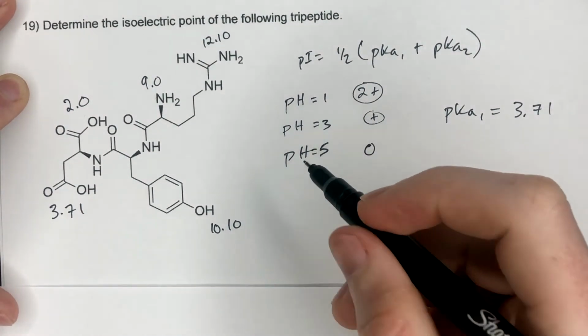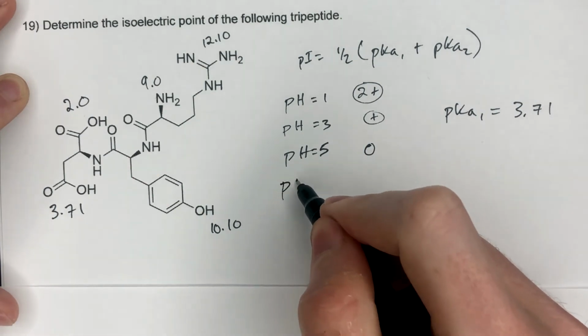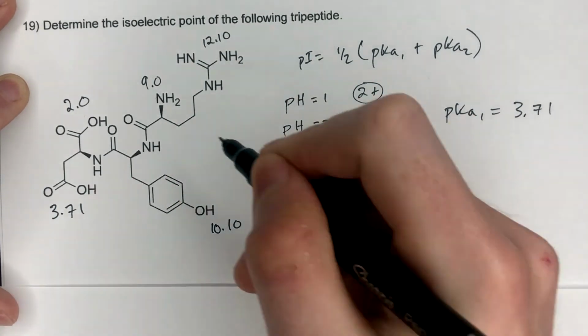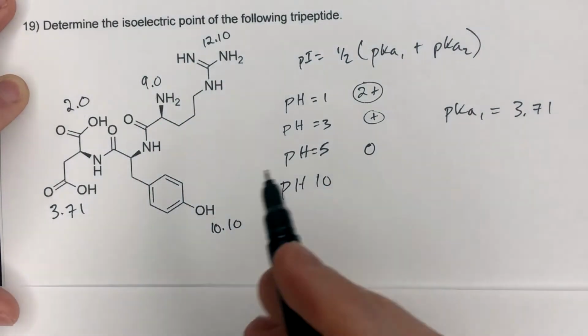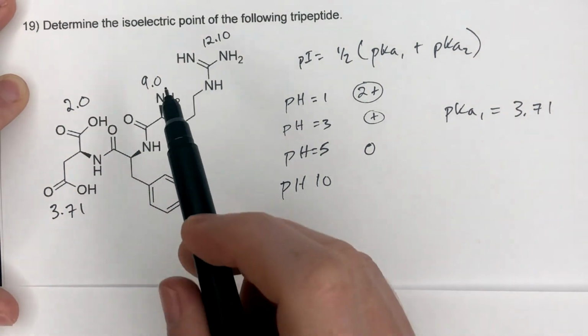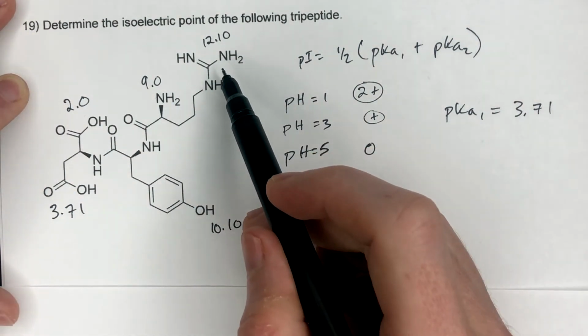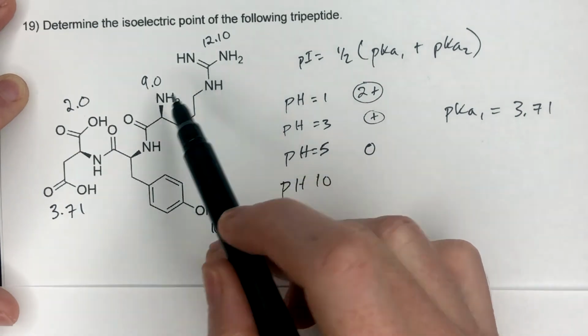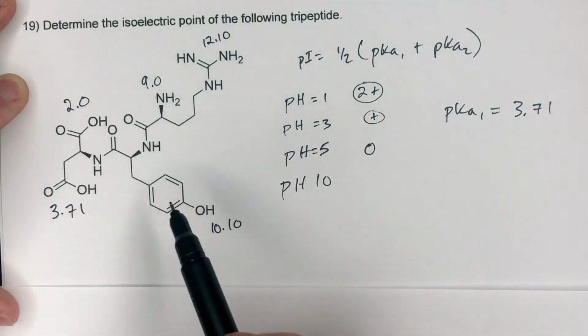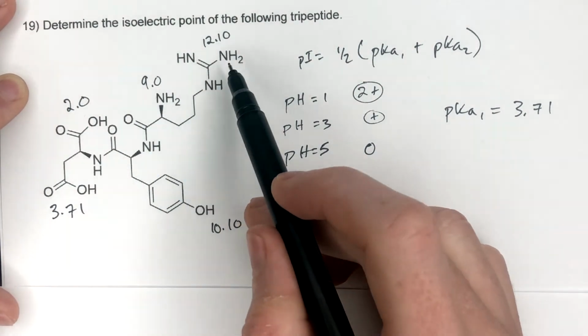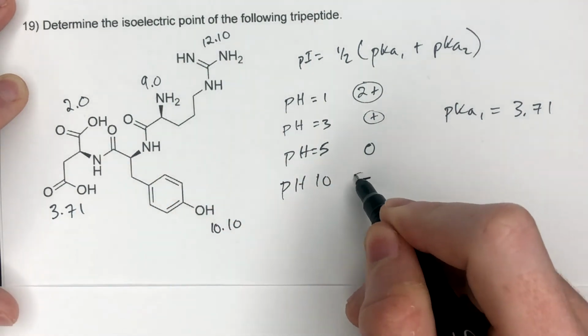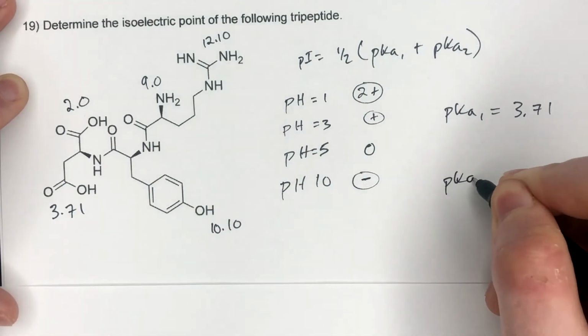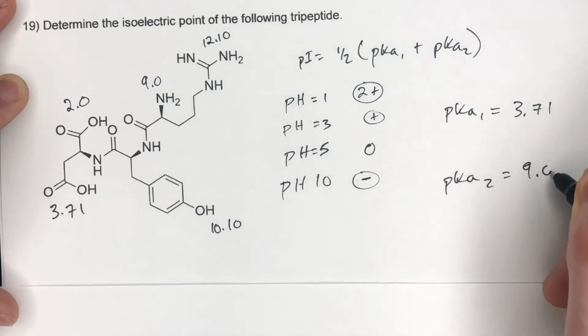Okay, now let's move on to the next value. So pH 10, we have to go above this pKa value, right? So negative, negative, neutral, neutral. This is still protonated, so positive. So negative, negative, neutral, neutral, positive. So that's -1. So that's the next pKa value. pKa2 needs to be 9.